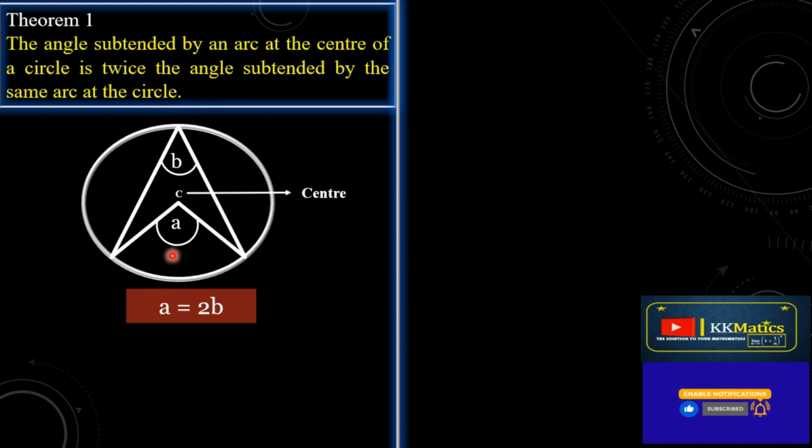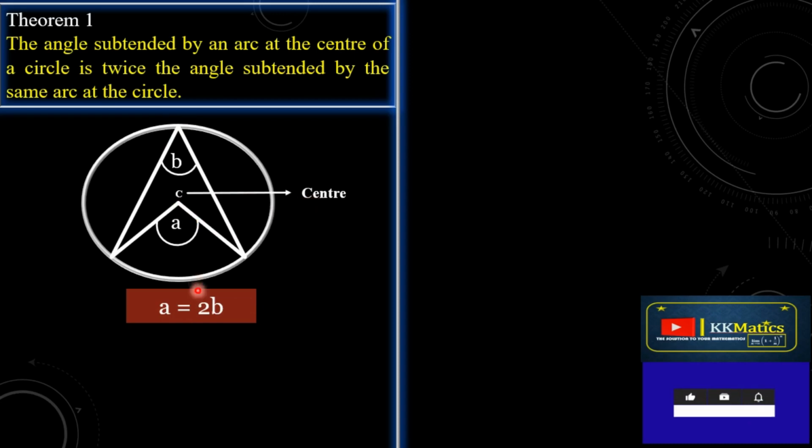So in the illustration that we have here, anytime we have a circle with this figure in it, one thing you need to consider is that the angle subtended at the center, which is A, is twice the angle subtended at the circumference, which is B. So A is equal to 2 times B, and C is the center.